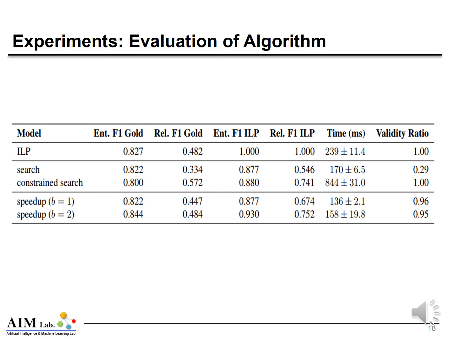The intermediate two rows show the score against the ILP prediction. The validity ratio means how much the algorithm's prediction matched the ILP. As you can see, the predicted output is quite similar to ILP and much faster.